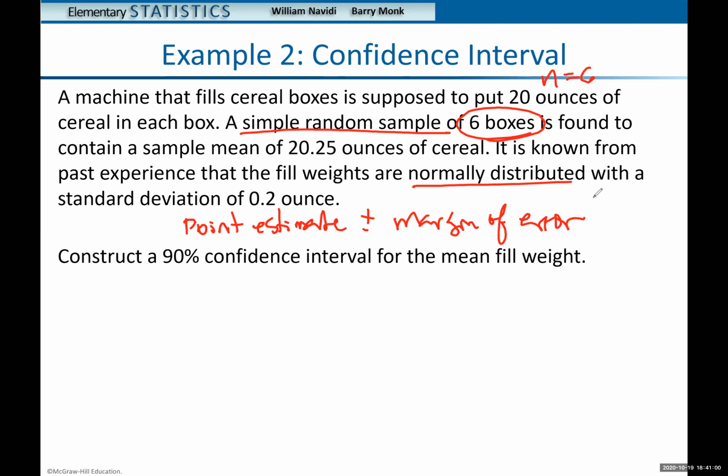It's always the sample mean. The point estimate is the sample mean plus or minus the critical value times the standard error. Sometimes we use SE. So the mean is 20.25 plus or minus the 90% critical value. We used this earlier, right? What was the critical value for 90%?